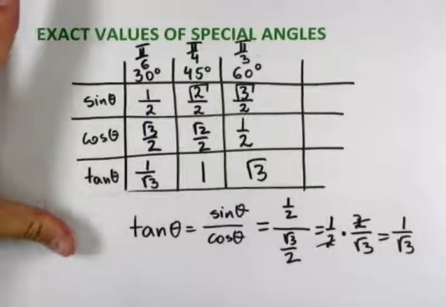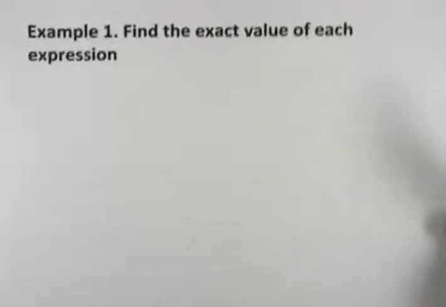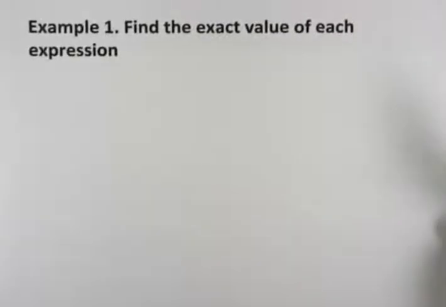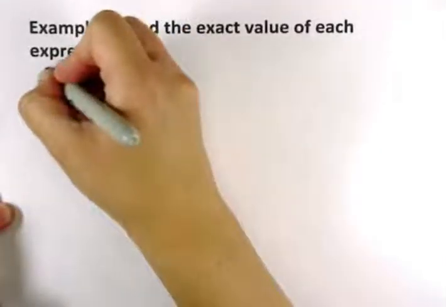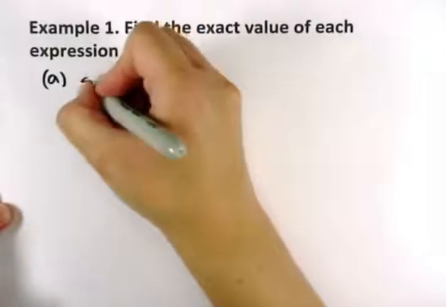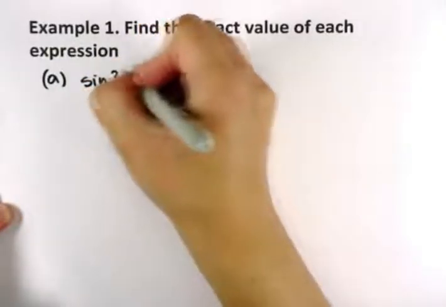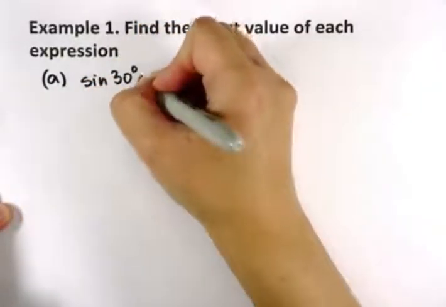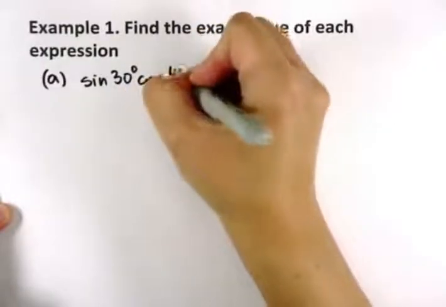So now we have an example. Find the exact value of each expression. We have A: sine 30 degrees times cosine 45 degrees.